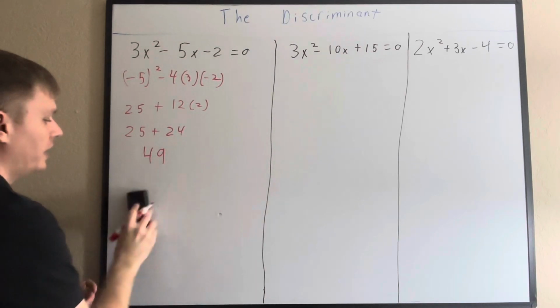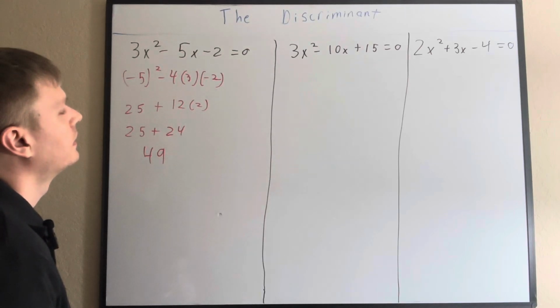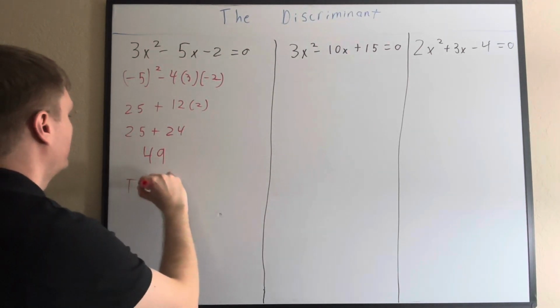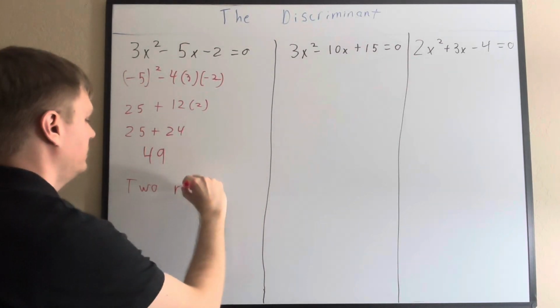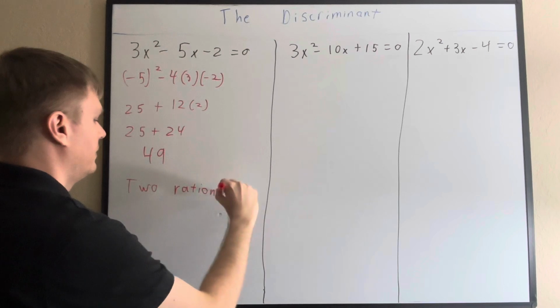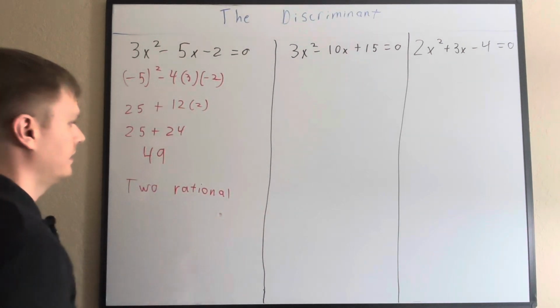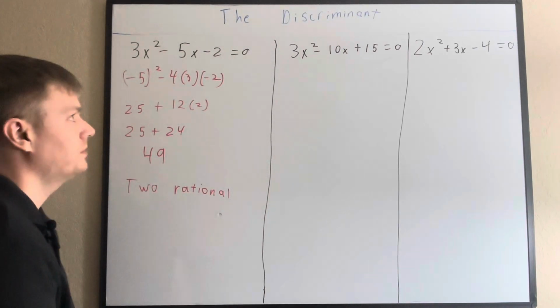But it's a perfect square, so that means we're going to get 2 rational solutions, right? Because if it's a perfect square, then it's rational once you take the square root of it.